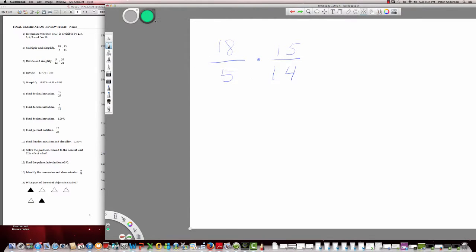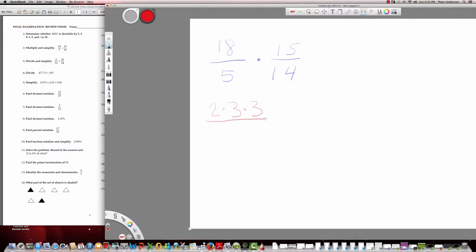Okay. So another way to approach this is to rewrite this in terms of prime factors. Or actually, you could just do it in terms of factors, but to be very clear, I'm going to write in terms of prime factors. So 18 breaks down to 2 times 9, but 9 is just 3 times 3, so I'm going to rewrite that as just 2 times 3 times 3.